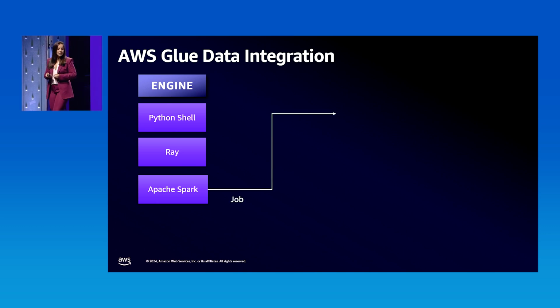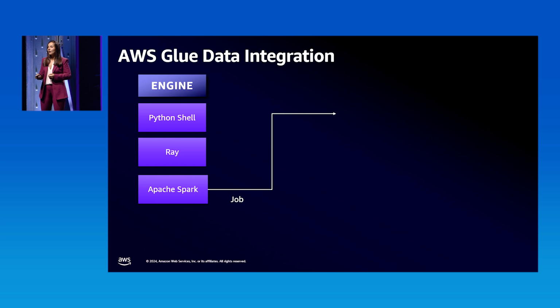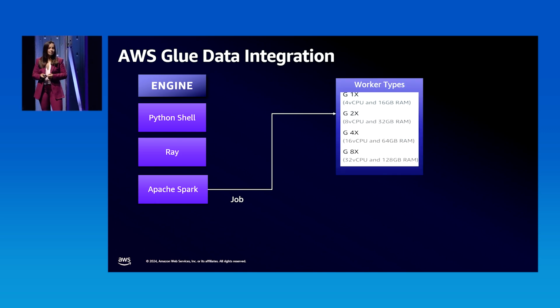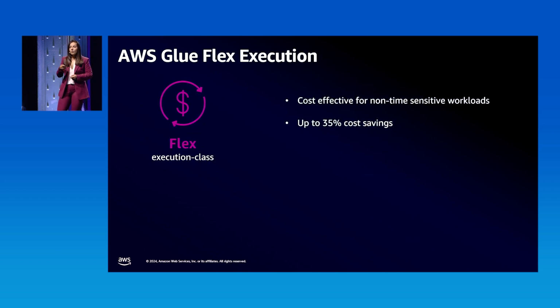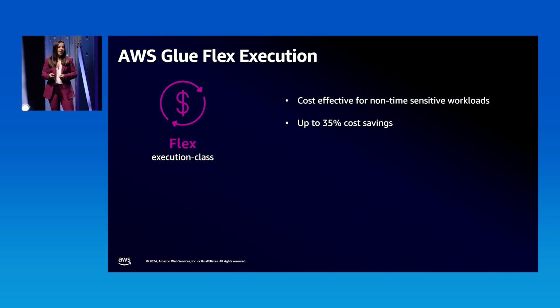When you create an Apache Spark job, you can choose the right worker type for your SLA and choose between standard and flexible execution. Glue flexible execution helps you optimize the cost. Glue will provide you with spare capacity at a reduced cost, but remember to use it for non-time-sensitive workloads.